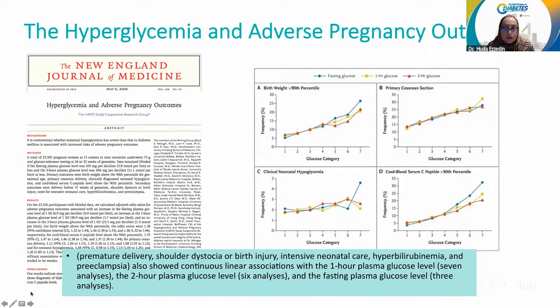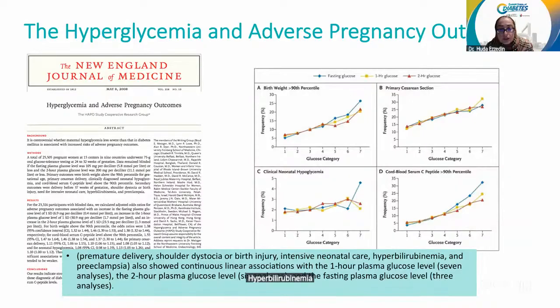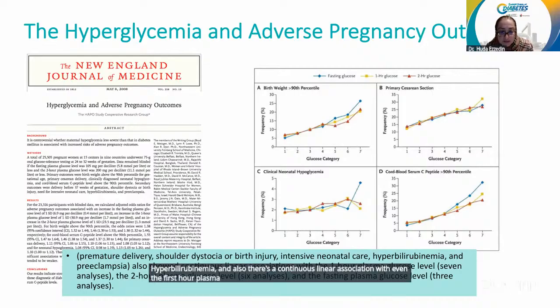And those were the primary outcomes. The secondary outcomes from the HAPO study showed a statistical increase in the prevalence of premature delivery, shoulder dystocia, birth injuries, intensive neonatal care admission, and hyperbilirubinemia, and also a continuous linear association with the first hour plasma glucose level, the second hour plasma glucose level, and fasting.